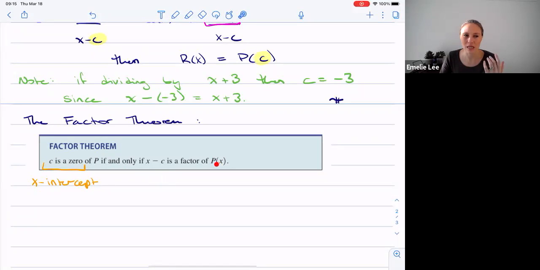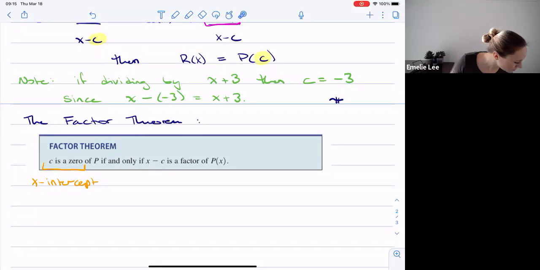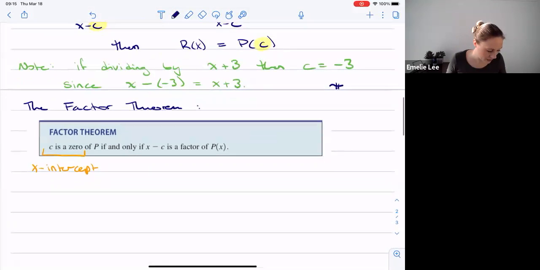So what does that mean? Well, it would mean that our remainder would be zero. But then if you're dividing by something that sets this thing equal to zero, X minus 4, let's do an example actually. We'll do an example after I write that down.